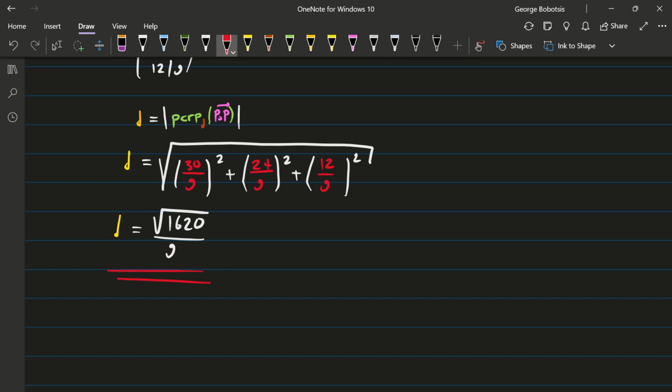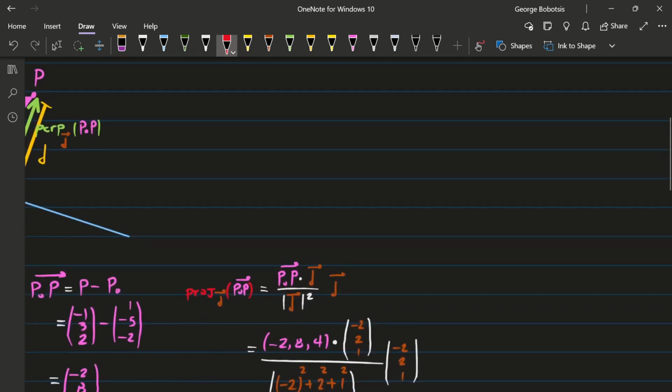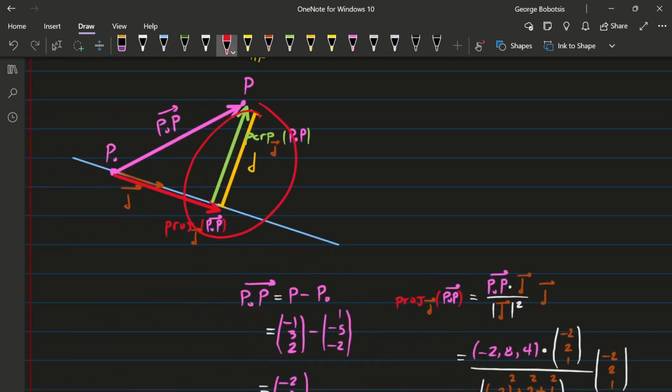That's the minimum distance. And it's the minimum because of the way perp works. It gives you the perpendicular distance between that vector and the other vector. Perpendicular distance means minimum distance. Anytime you have two objects, let's say there's a point there and a point there, and a line like this, okay?